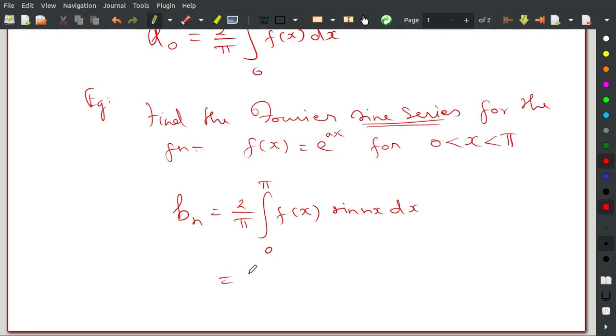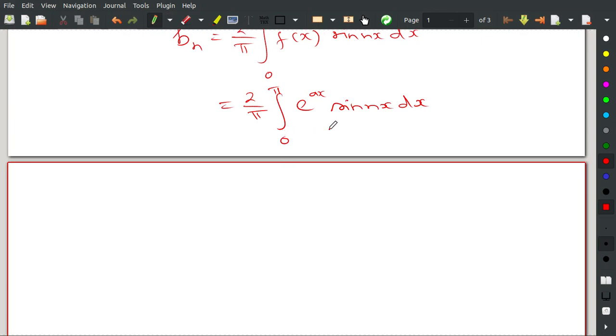Therefore we have 2 by pi integral 0 to pi, instead of f of x we put e power ax, sin nx dx. This is a standard integral. I keep the 2 by pi here, and the value of the integral, you have to memorize this one.